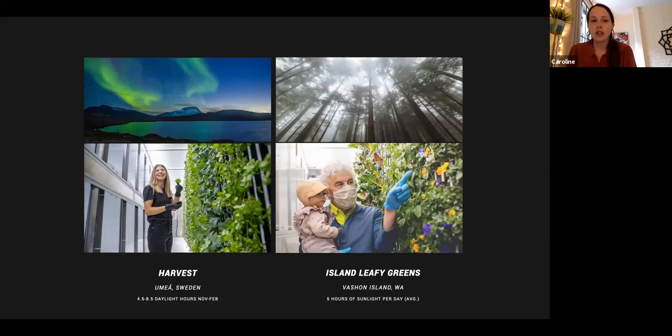And we have multiple customers for whom that was kind of a main driver for why they got started, because it's impossible to grow traditionally in a place like Sweden or Washington year round because of the limited daylight hours. Some of these places have as low as 4 hours of sunlight at certain times of the year.